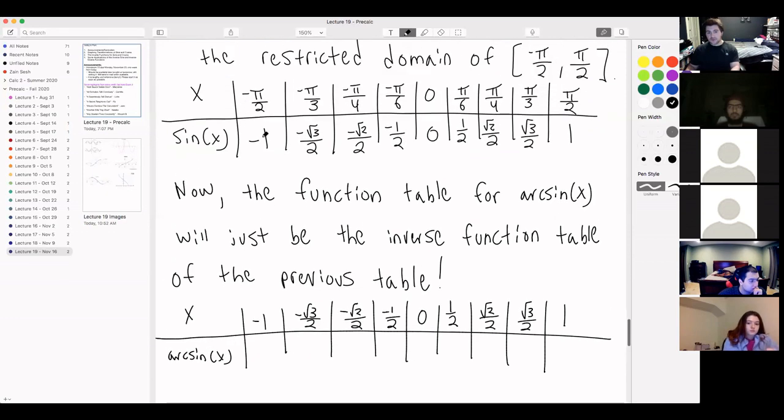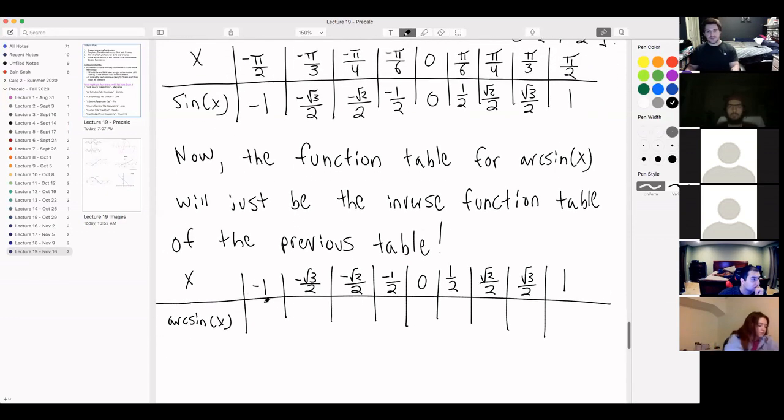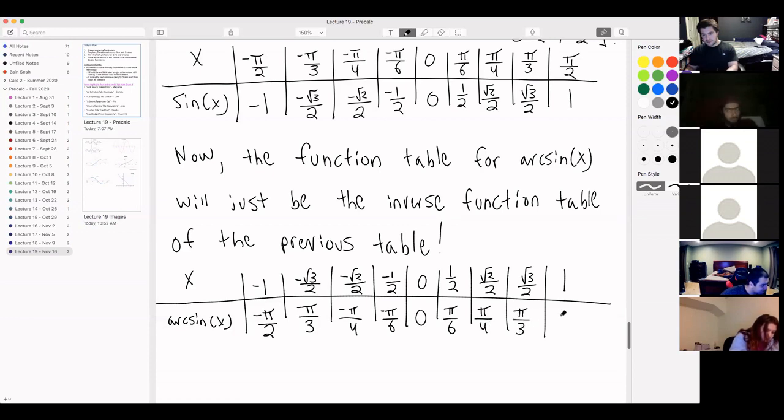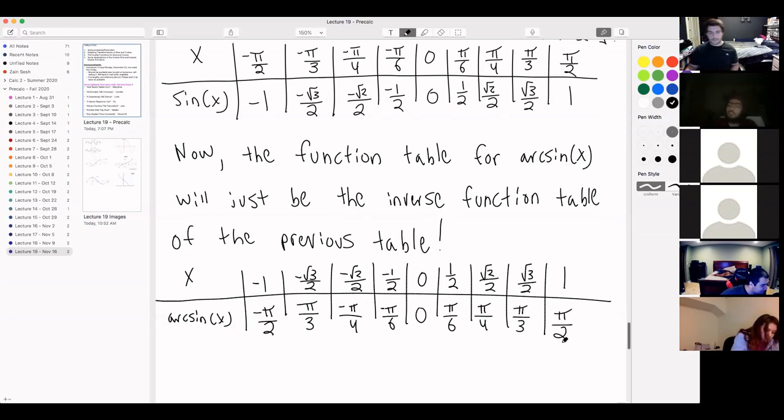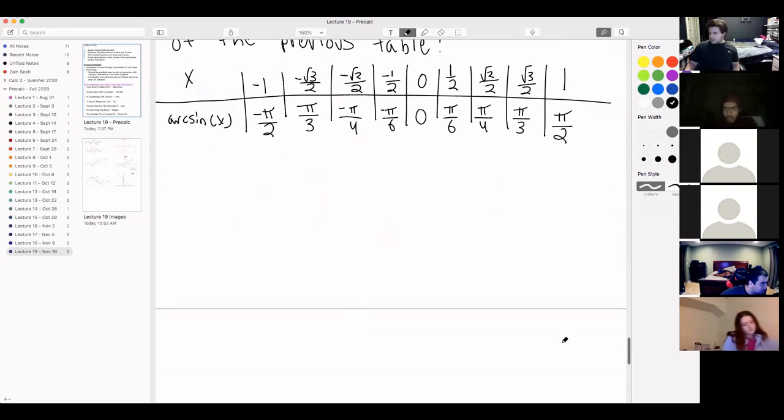And now the outputs will be the inputs of the previous function table. So let me just copy that down. Zero, pi over 6, pi over 4, pi over 3, pi over 2. And there you have it. That's the function table for arc sine, the inverse of sine.